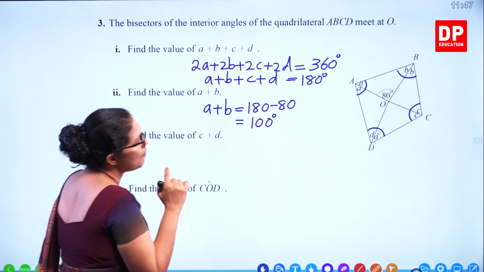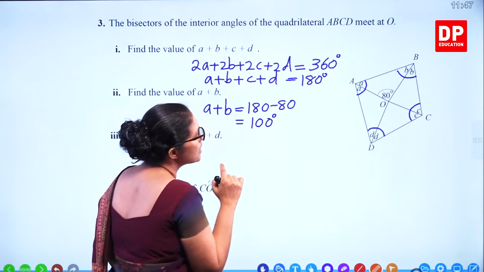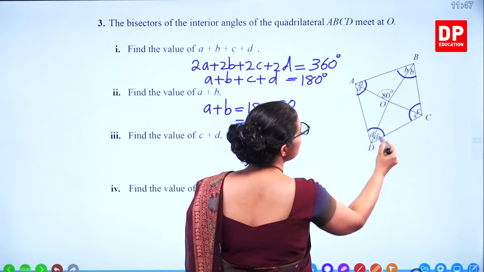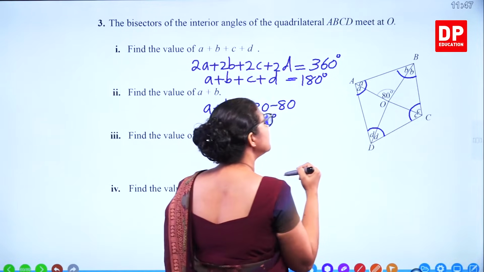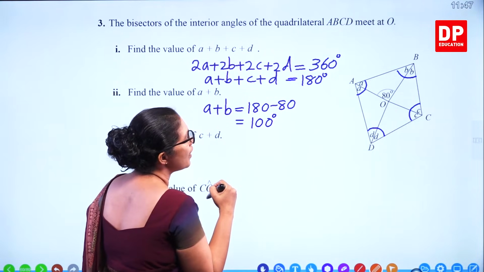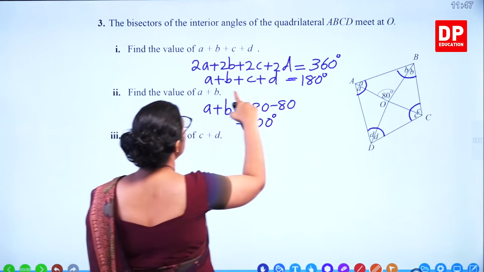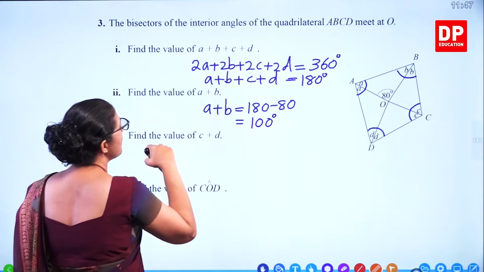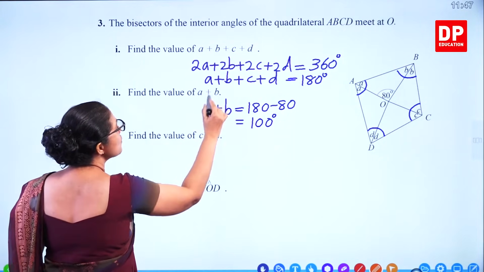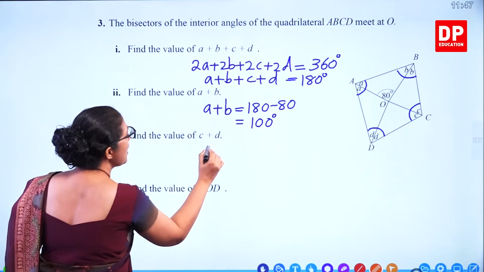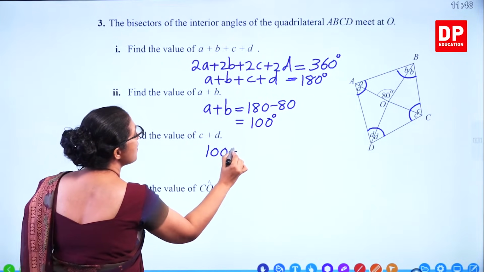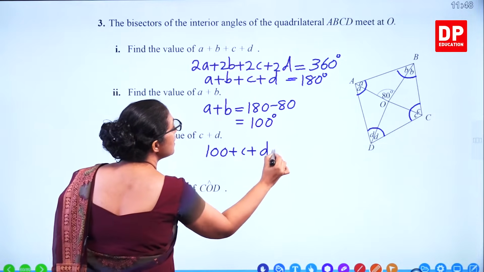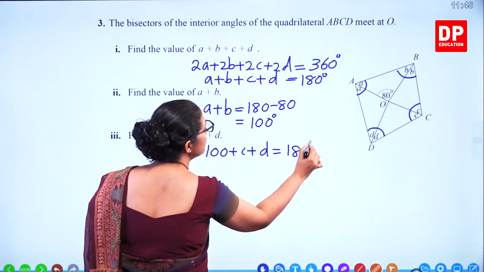Find the value of C plus D. How can we find out C plus D? Here we can use the previous one. According to this one, A plus B is 100. So we can plug that in. 100 plus C plus D equals 180.